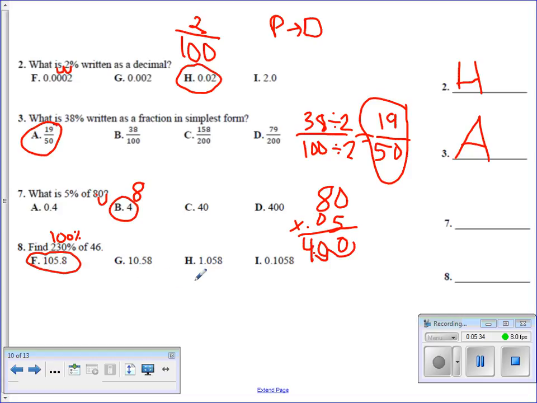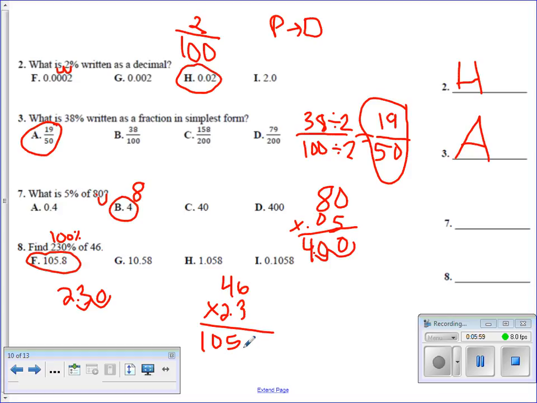If you didn't know that, we could multiply 46 times 230% as a decimal. So 230%, I'm going from a percent to a decimal and move my decimal 2 places to the left. So 46 times 2.3. I'm not going to take the time to multiply it out.